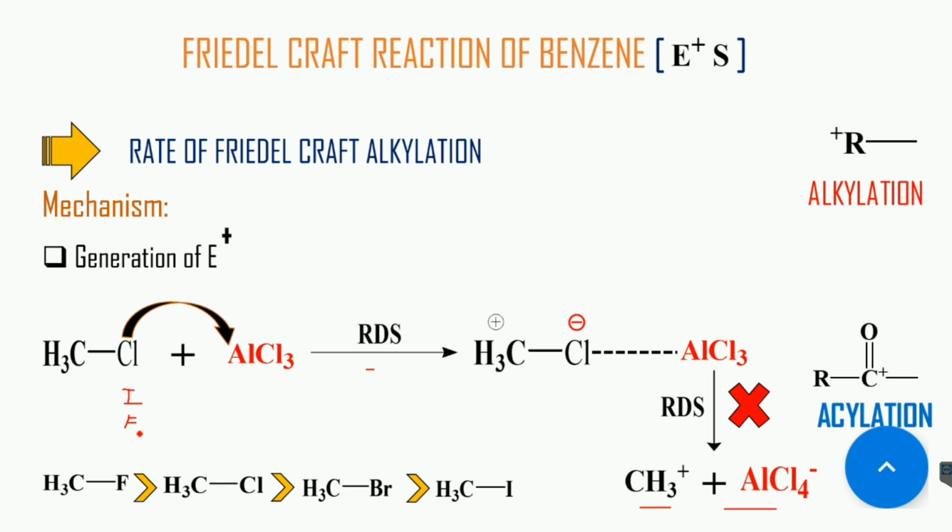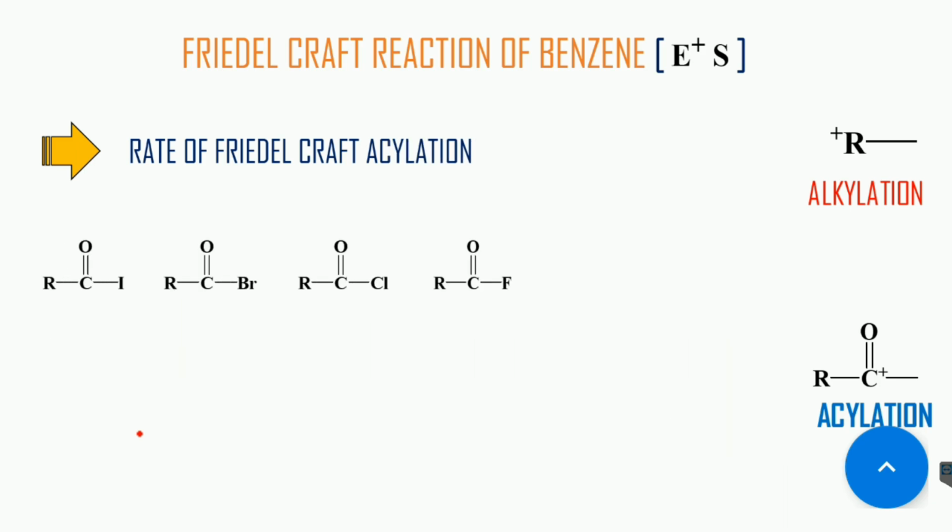Understood? Okay. Now in case of acylation, this time it is just the opposite of the alkylation process. But why? If you see that here after fusion, this part will be our electrophile, and these halogens become nucleophile. Okay, but here a carbonyl group is there, so the oxygen atom has a lone pair with it.